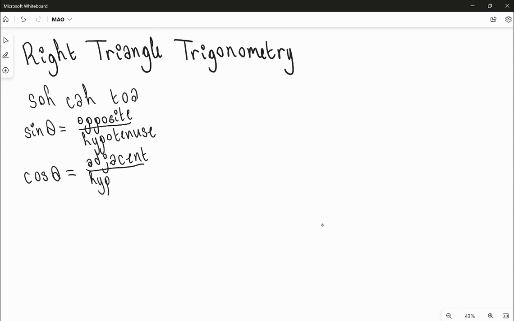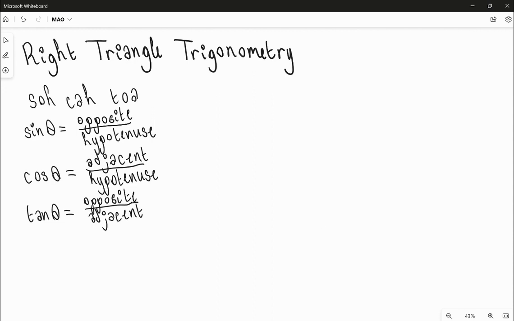And your tangent theta is opposite over adjacent.